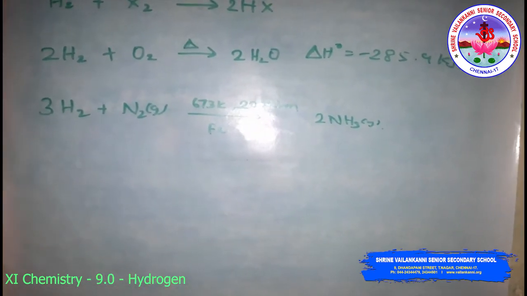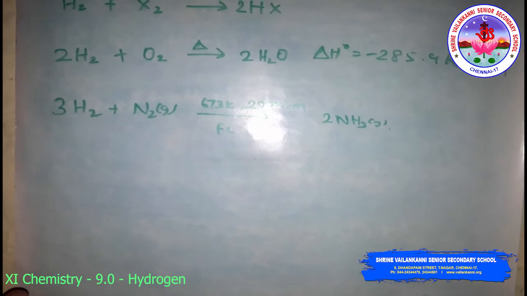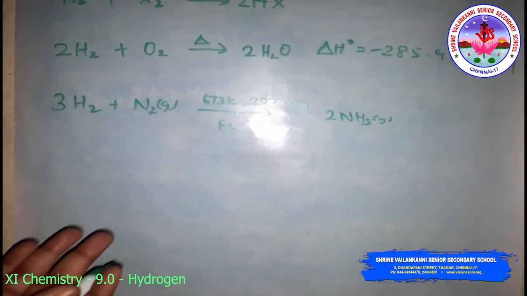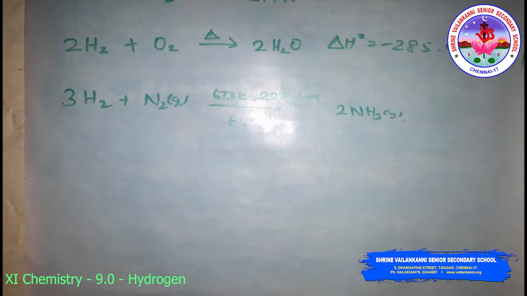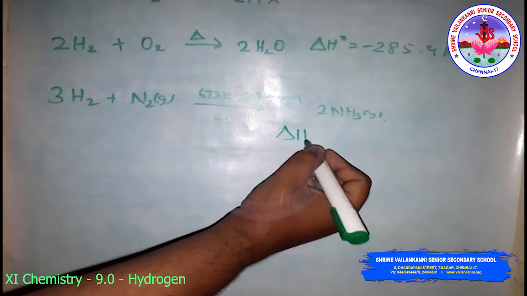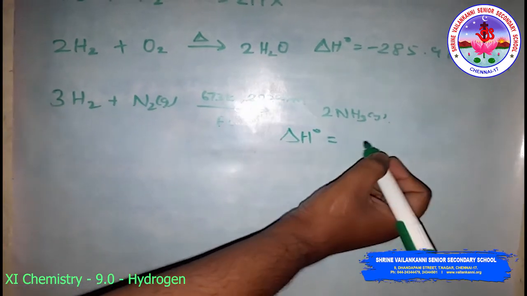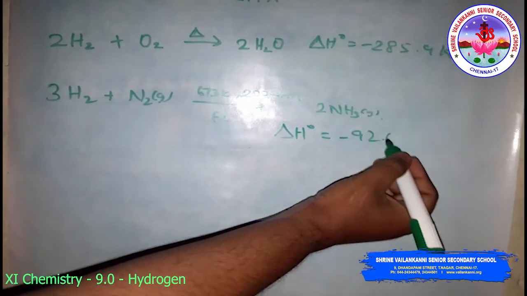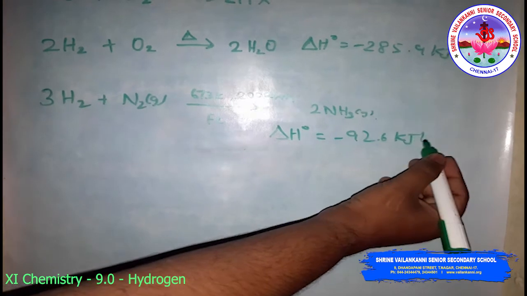This is also an exothermic process. This method for the manufacture of ammonia is the Haber process. Here the standard enthalpy change is minus 92.6 kilojoule per mole.